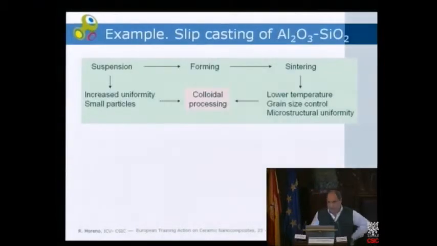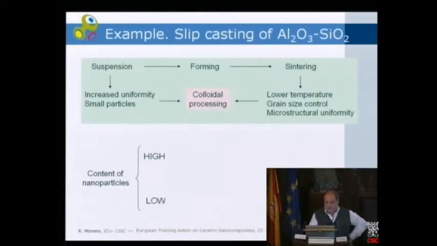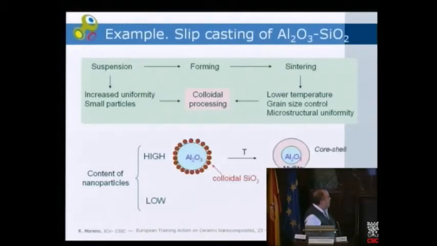Another example to demonstrate that slip casting is not always the best technique for nanoparticles is the slip casting of alumina-silica suspensions. In this case, we wanted to introduce nanoparticles in a matrix of alumina, submicron size alumina, like in the examples shown yesterday by Professor Moya with the colloidal nickel.